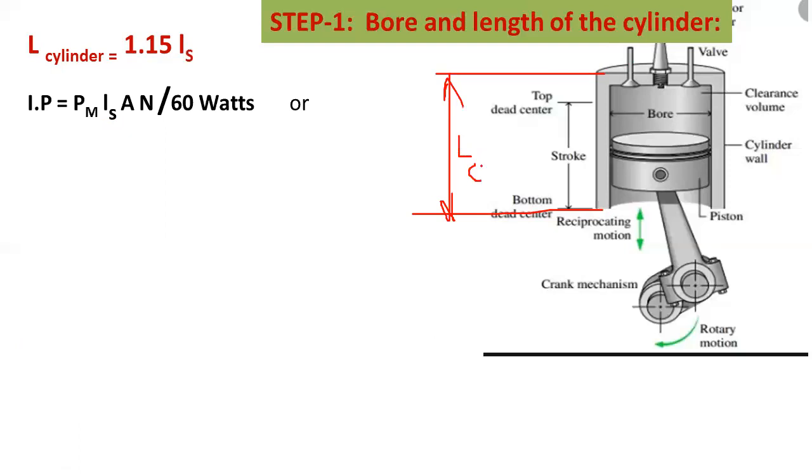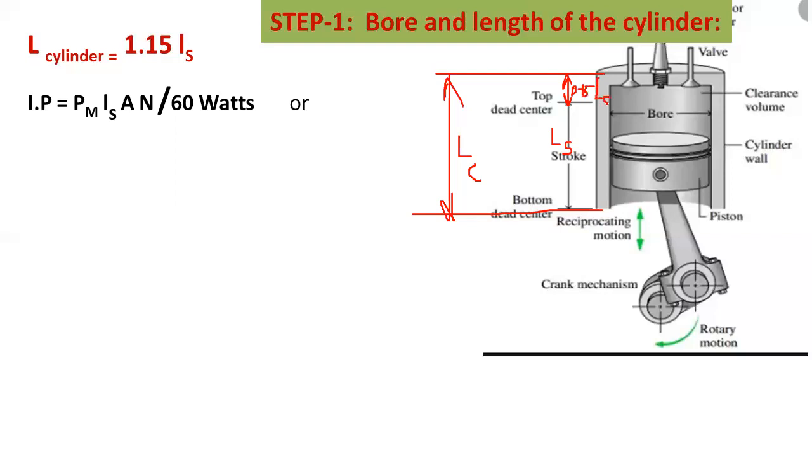So the length of the cylinder equals 1.15 into stroke length. This is the clearance, which is nearly equal to 0.15, that is 15% of the stroke length.